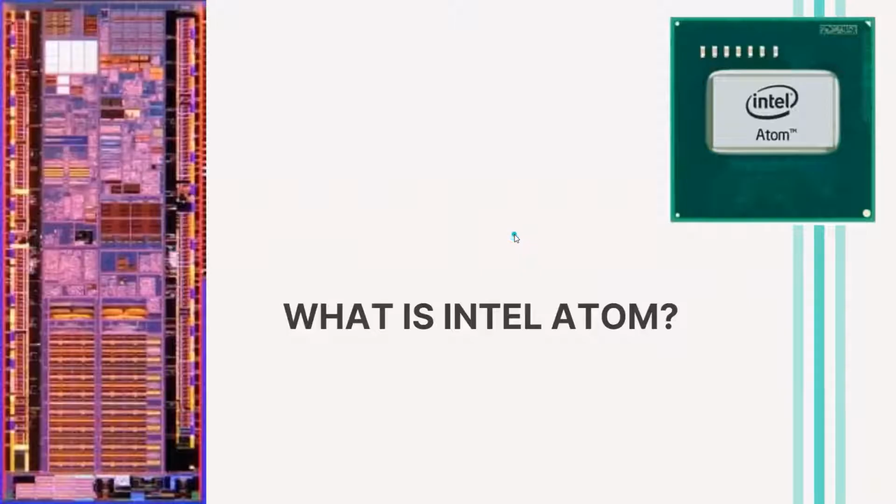What is Intel Atom? Intel Atom is a line of ultra low voltage x86 and x86-64 microprocessors from Intel. The Intel Atom is a direct successor to the low power Intel 800 and 810 microprocessors, which were built on 90 nanometer technology, had 512 kilobytes of L2 cache and ran at 600 megahertz or 800 megahertz.